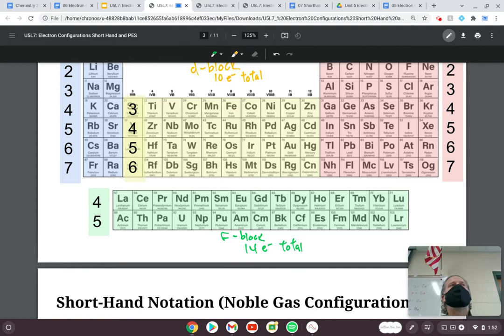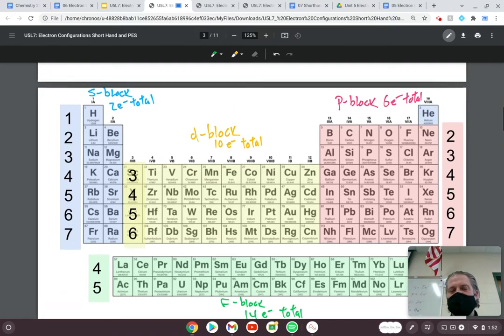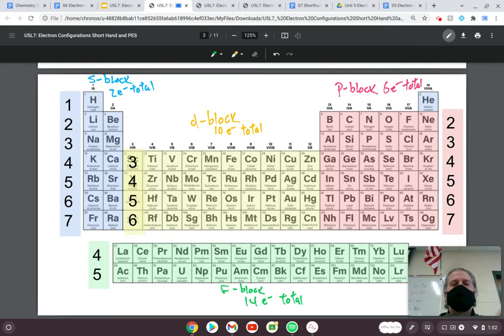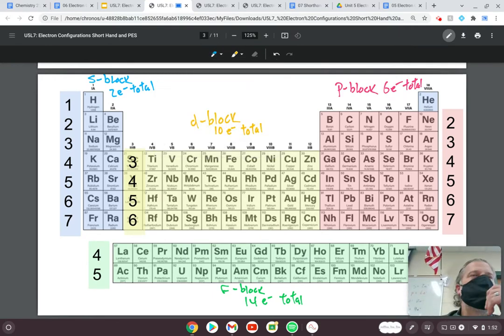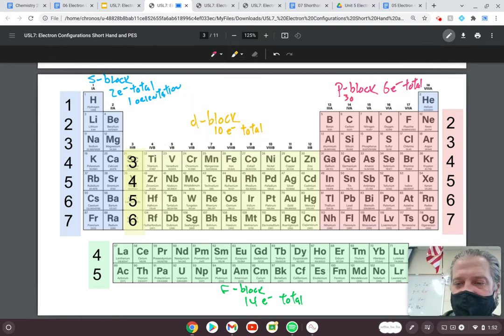Now, that's great and all, but there's a little bit more. What you also need to remember is the number of orientations that each of these has. The S block has 1 orientation. The P block has 3 orientations.